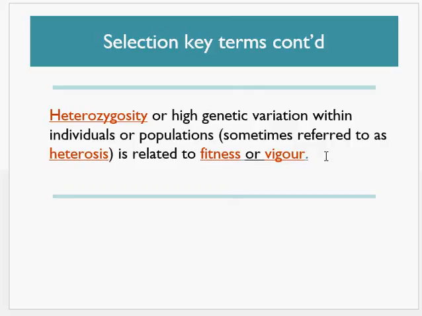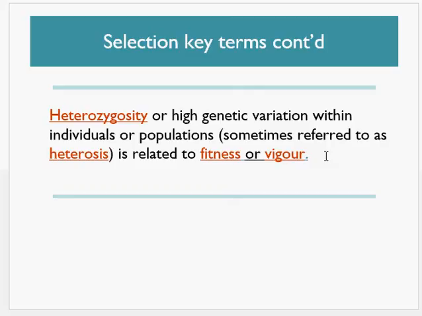So selection tends to work best in larger populations. So selection tends to be the key evolutionary process in larger populations of plants and animals.